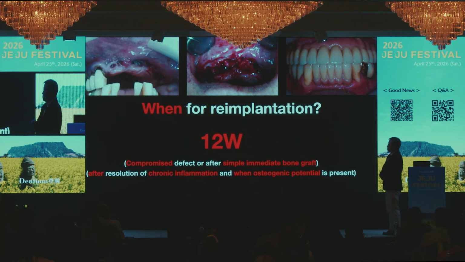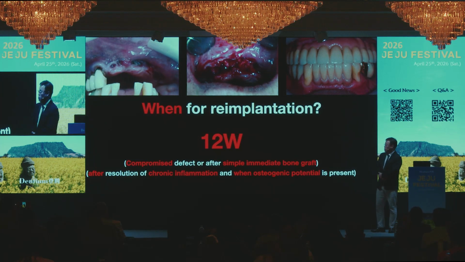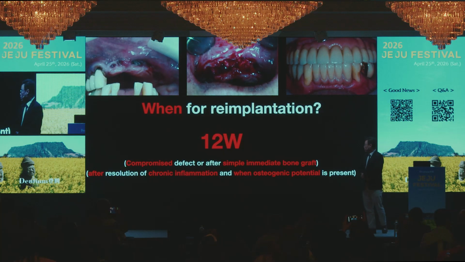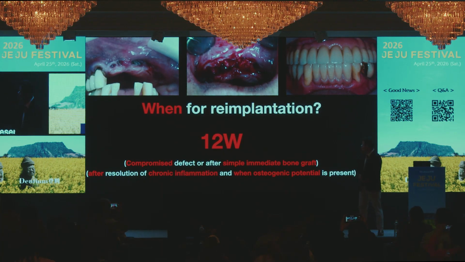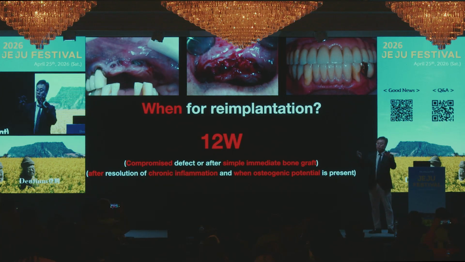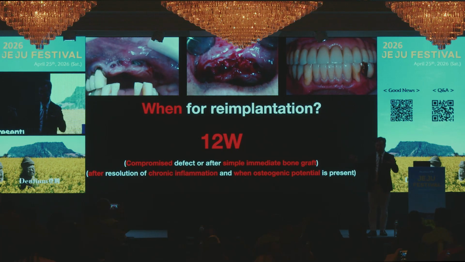So this is a summary. For reimplantation, even in the compromised defect, even after the immediate bone graft, even after resolution of chronic inflammation, when osteogenic potential is still present, we consider all these different things. So the ideal timing is 12 weeks, okay?